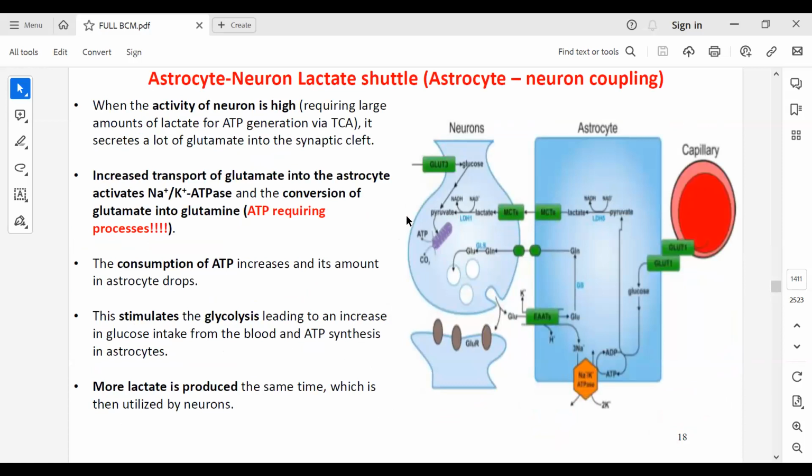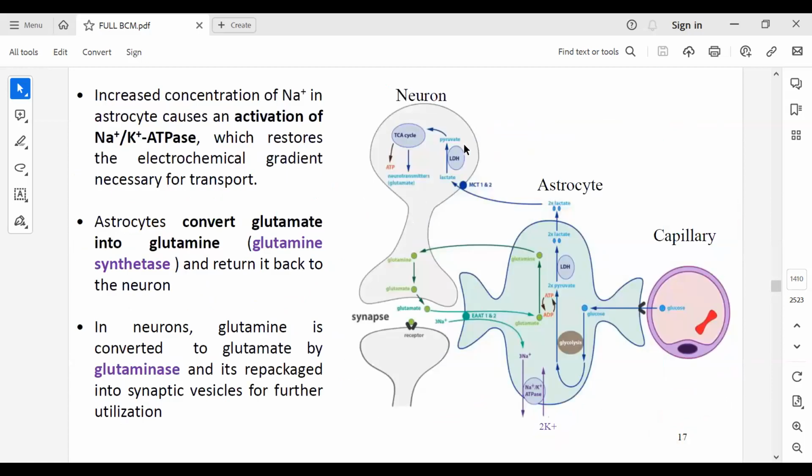So in the brain, we are mostly using GLUT1 transporters, and we need to use the transporters because we have that blood-brain barrier. Most of the glucose will enter through the GLUT transporter into the astrocytes.